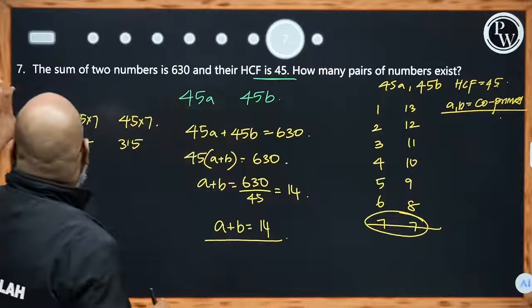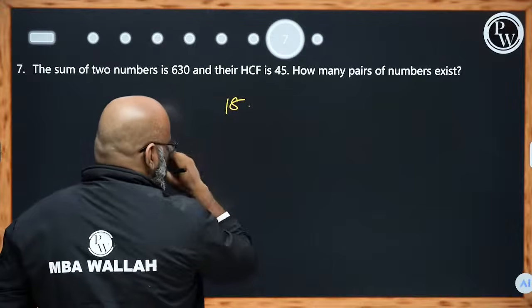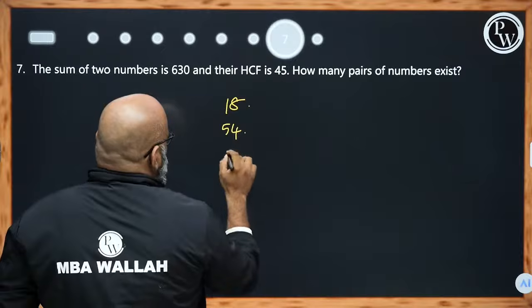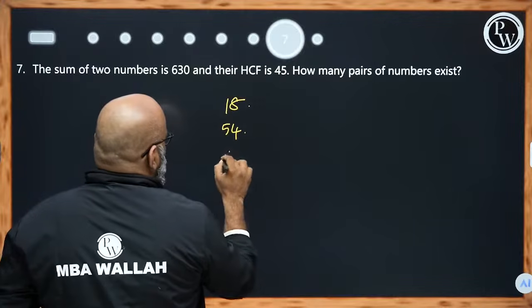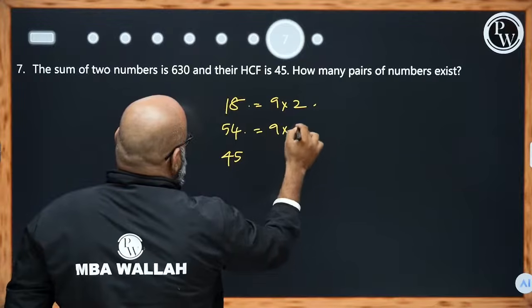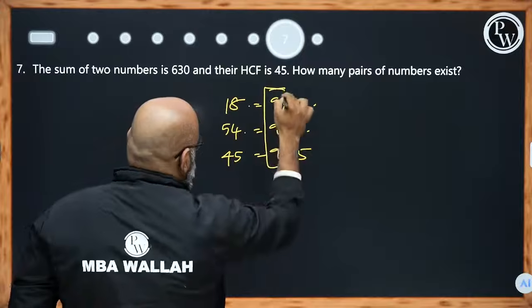We will take an example. If I take 18, then let's say 54 and then 45. This is 9 into 2. This is 9 into 6. This is 9 into 5. Notice this.